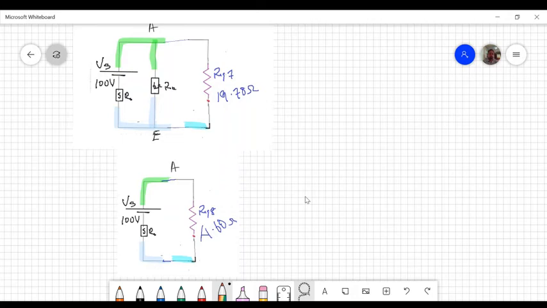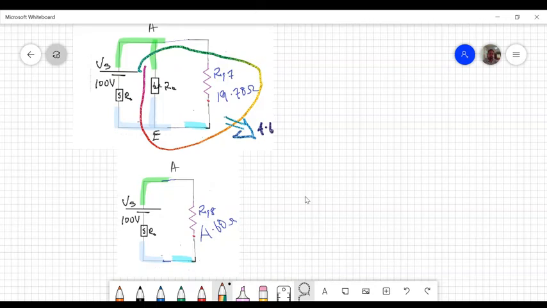So these two are in parallel, and you replace them by that one, 4.60 ohms.